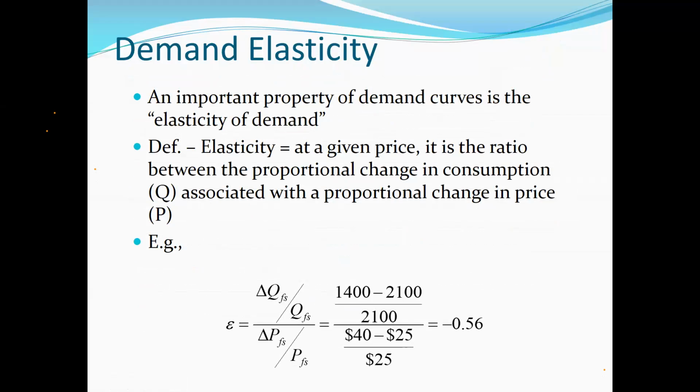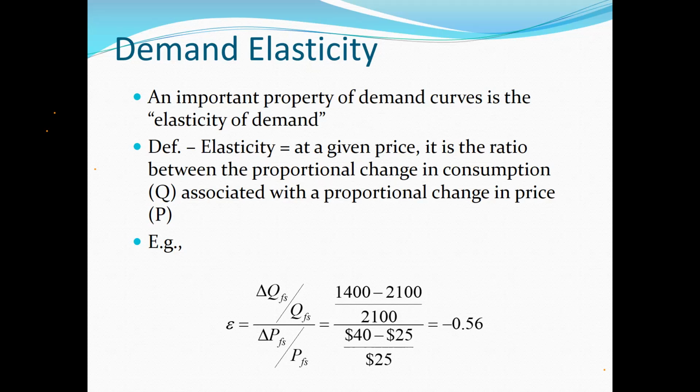Okay, so you can figure out the demand elasticity. A demand curve's property is the elasticity of demand at a given price. It is the ratio between the proportional change in consumption divided by the proportional change in price. So if you take that floor space example, the price of floor space goes from $25 up to $40, and the demand for floor space goes from 2,100 square feet to 1,400 square feet.